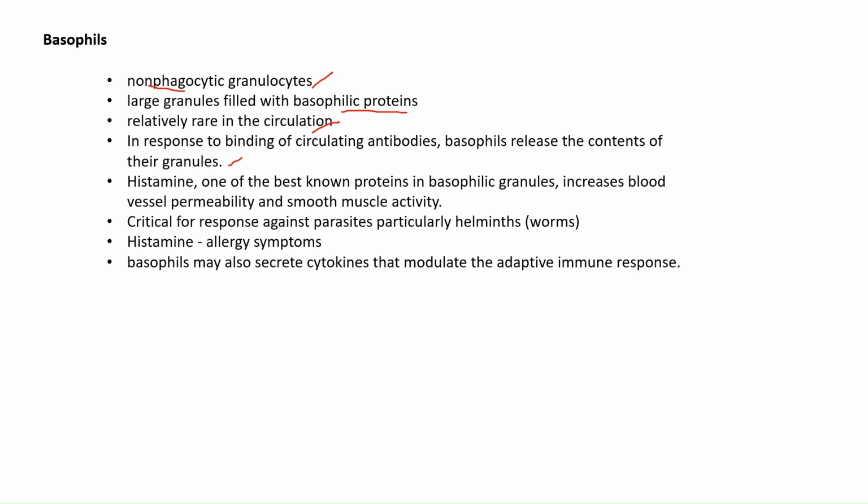The main content of these granules is histamine, which increases blood vessel permeability and smooth muscle activity. These are critical for the response against parasites, particularly worms. Histamines are mainly responsible for allergic symptoms. Basophils may also secrete cytokines that modulate the adaptive immune system.